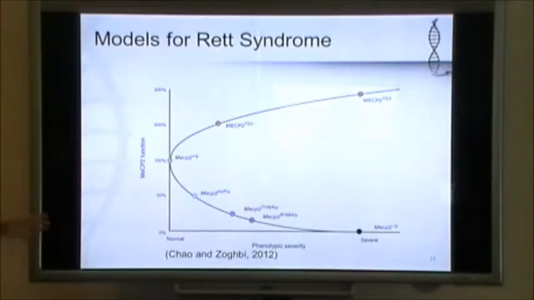And not only do we see a more severe phenotype in a loss of function, but also in a gain of function or overexpression. Basically what I'm trying to show here is that varying levels of functional MECP2 will have an effect in changing this phenotype.